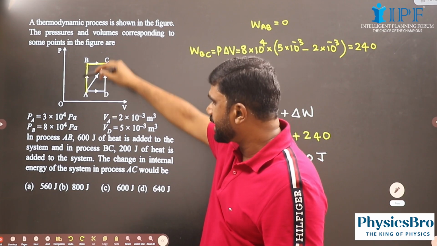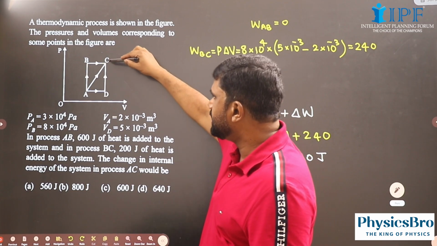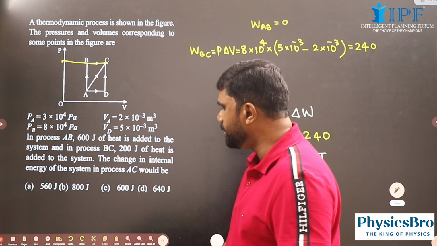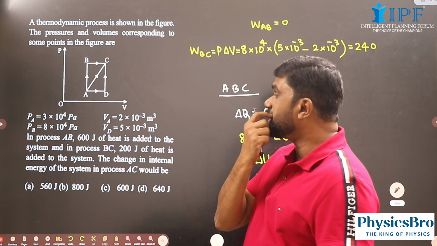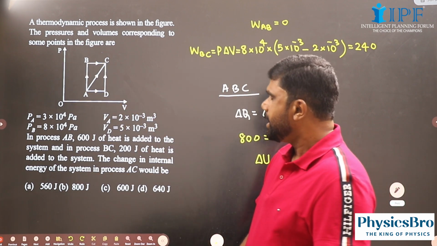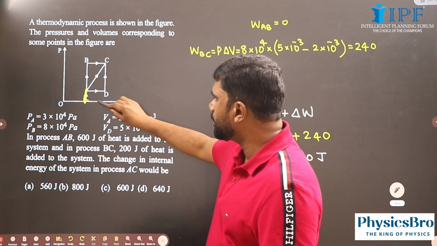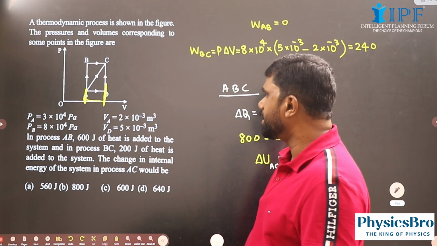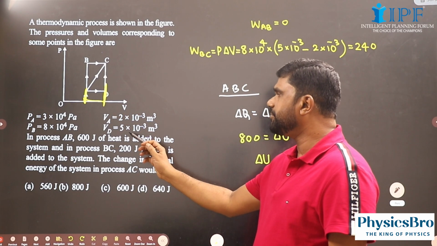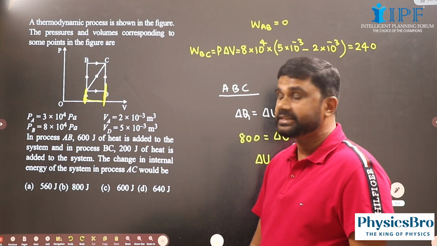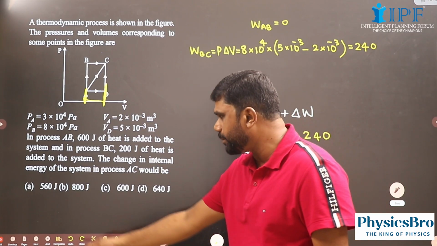And let us calculate that work done. See, the pressure here, that is PB, is 8 into 10 raised to 4 Pascal. And the change in volume will be from A to D. Okay, A to D, that will be 5 minus 2, that is 3 into 10 raised to minus 3.